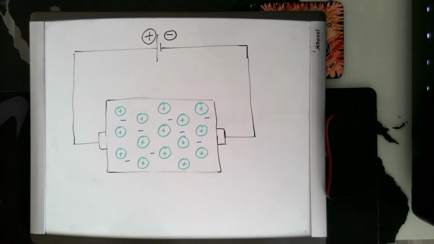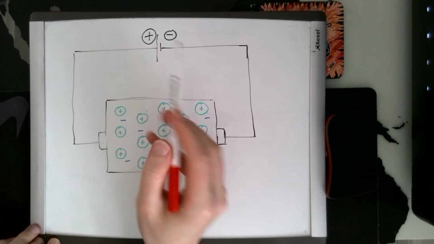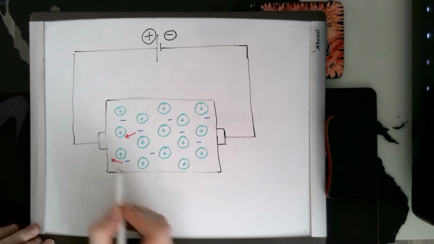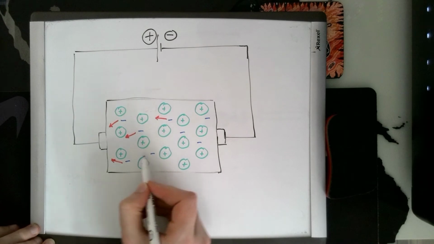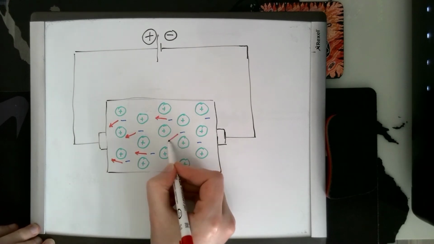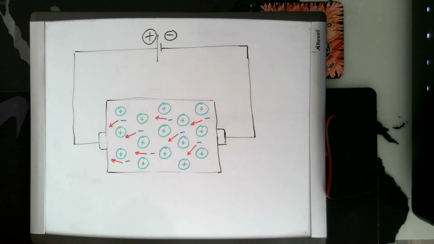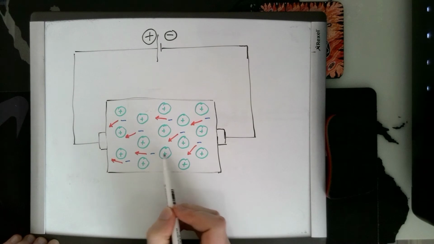Now those electrons are being attracted to the positive side of the battery. So those electrons are all starting to move, once the circuit is complete, in a direction towards the positive side. But some of those electrons are actually going to collide with our ions.